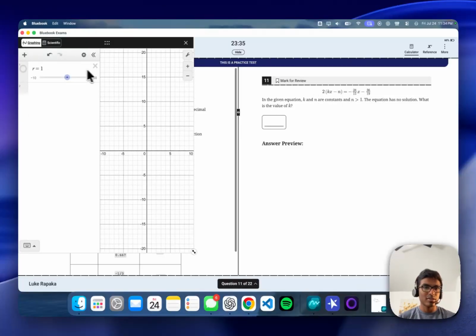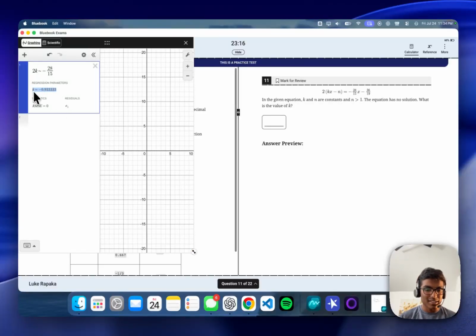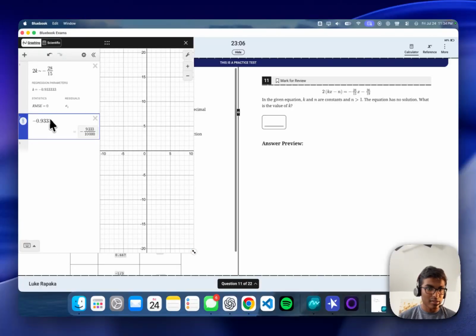So 2 times k has to be, I can just use a tilde again, negative 28/15. K gives me that. What is the value of k? Can I put this into a negative 0? Oh wait, negative 0.93333.